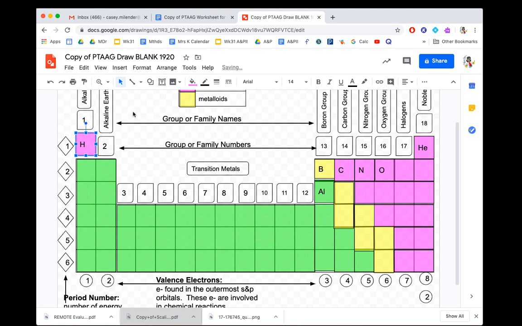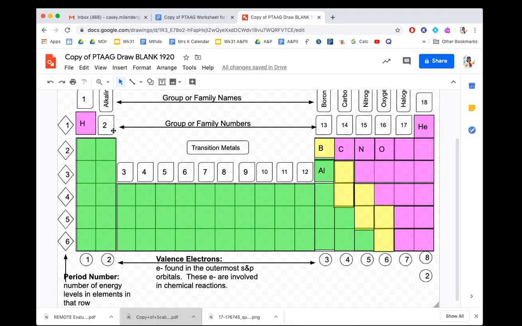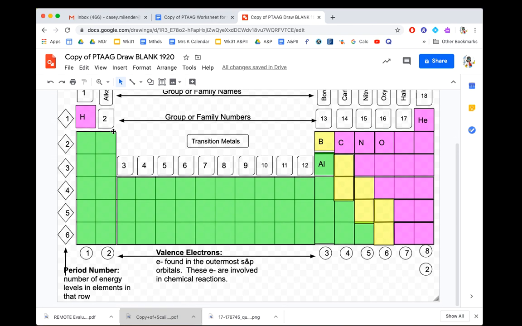Hydrogen, right. Now, why is hydrogen way over here? Well, the reason it is not because it's a metal, but because hydrogen also only has 1 valence electron. So in order to keep that pattern going with valence electrons, that's where it ended up. You could probably rationalize moving it over here into the halogens, but it doesn't react the same as the halogens.